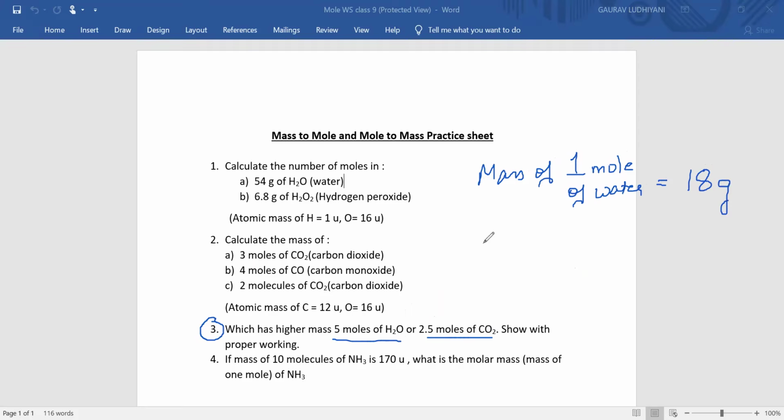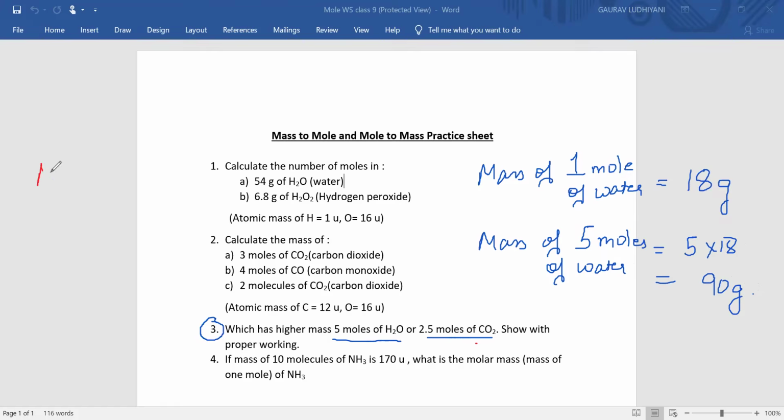And the question was talking about 5 moles of water. So the mass of 5 moles of water is 5 into 18. That is 90 grams. Similarly, on the left side, I'm going to do the calculations for carbon dioxide.